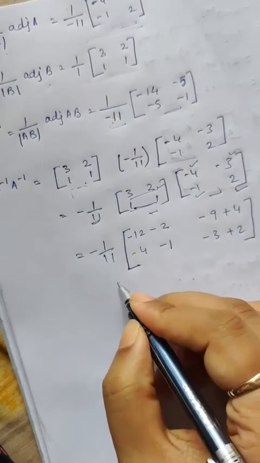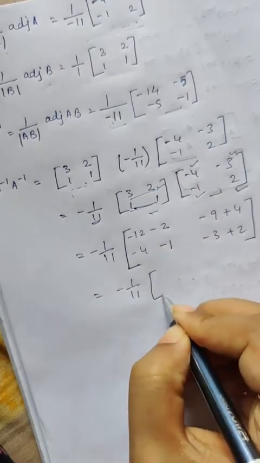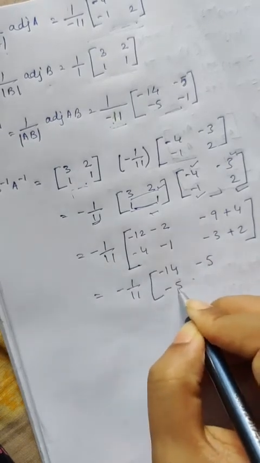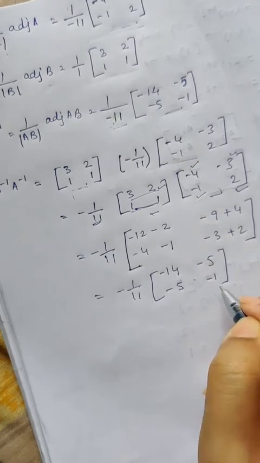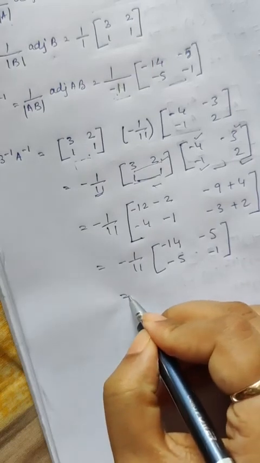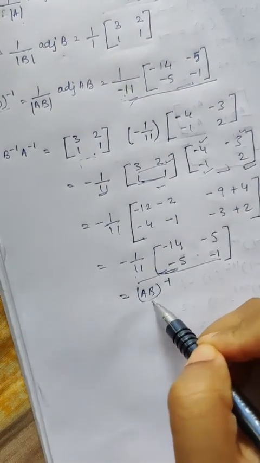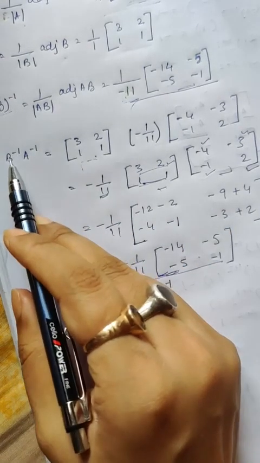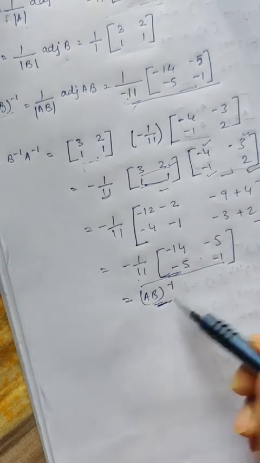From here we will get -1 by 11, -14, -5, -5, -1. Now see, from here we can say B inverse A inverse is equal to, so in place of this we can write AB whole inverse. So from here we can say B inverse A inverse is equal to AB whole inverse. So it is verified.